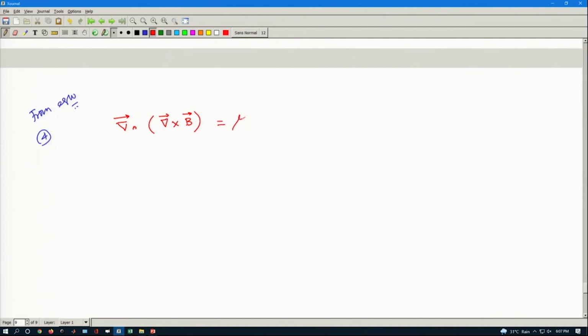On the right hand side we have mu 0 and then the divergence of J. Now here we have some issues because the left hand side is always 0.